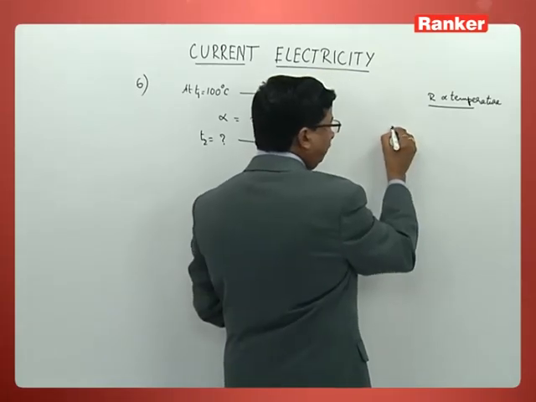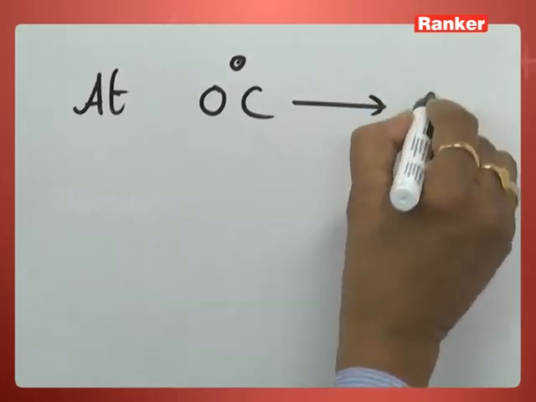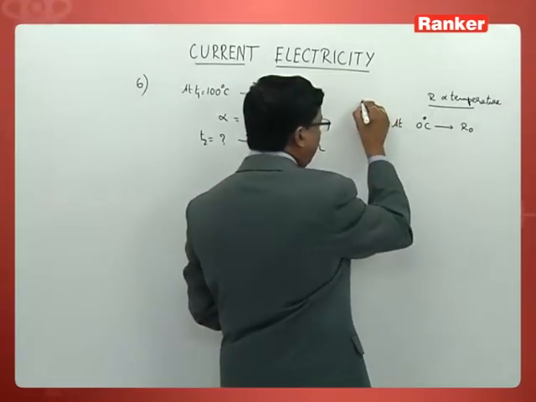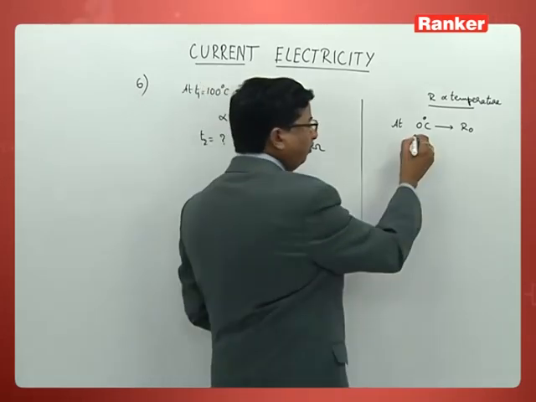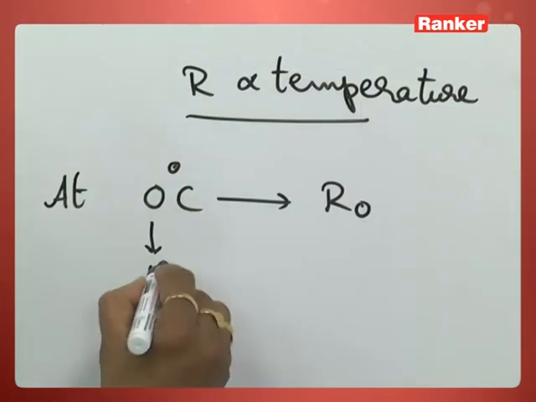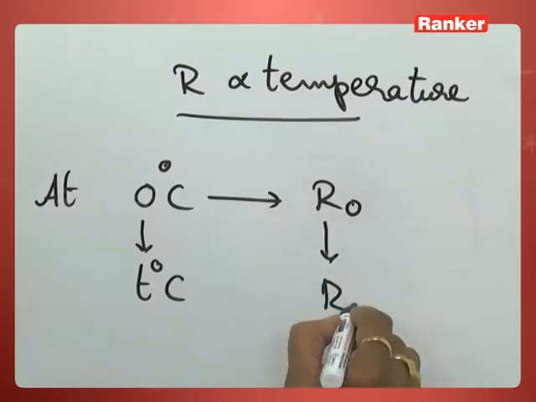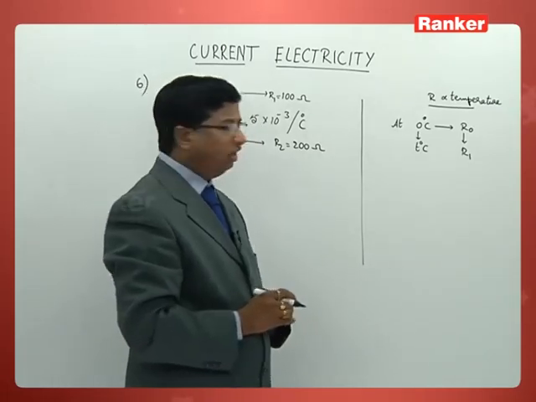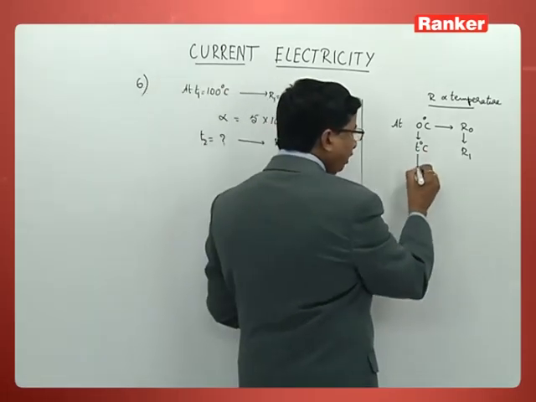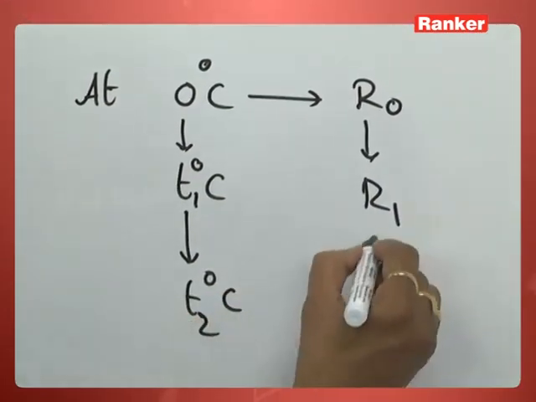Look at, say, at 0 degree centigrade, the resistance of a conductor is R0. I have increased the temperature to T1 degree centigrade. Then let us take the resistance has become R1. Imagine I have increased the temperature to T2 degree centigrade.